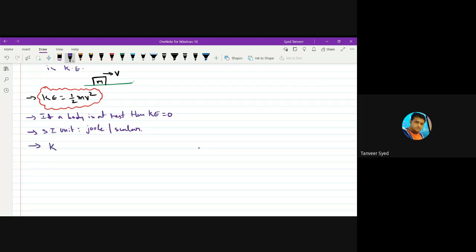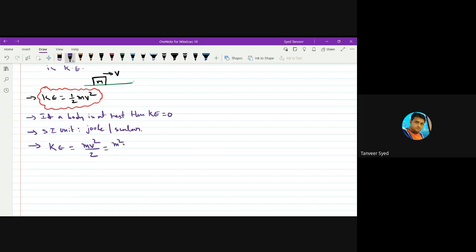Now, if I take the formula for kinetic energy, which is half mv square or mv square by 2, I will multiply and divide this with m.